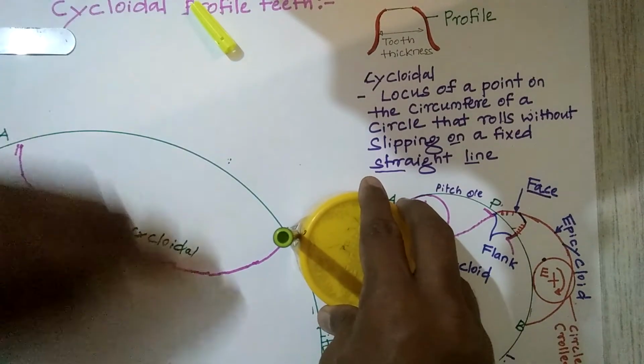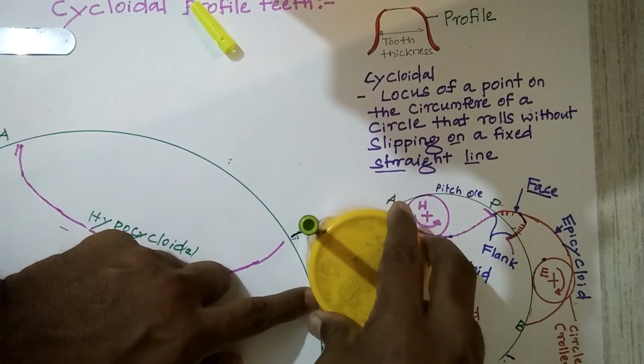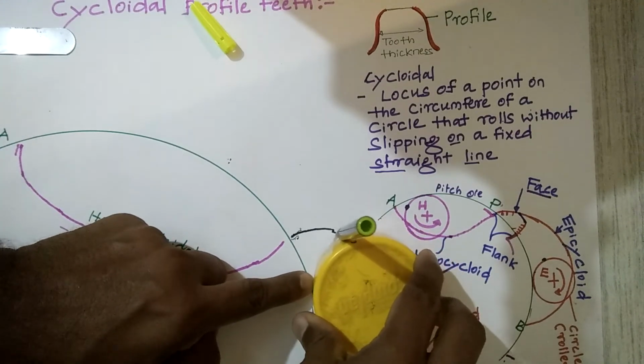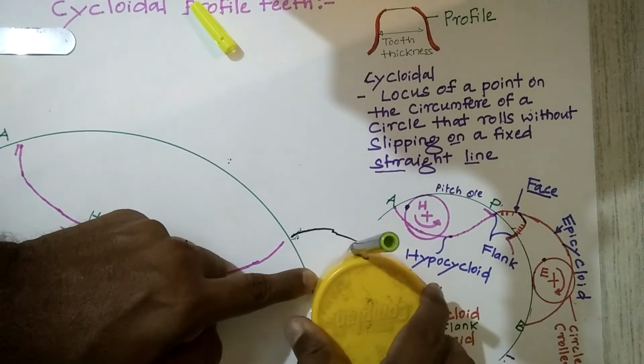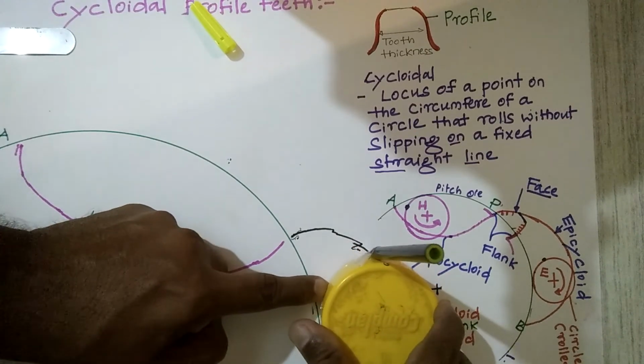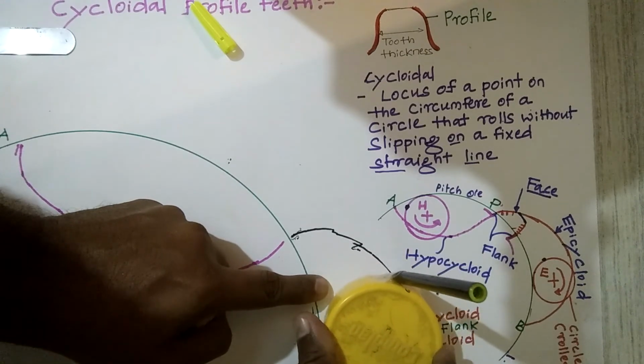It has to move on the another circle. Another circle means the pitch circle only. I hope that you are getting this one. It is not properly coming because I want to look at both sides. Okay, I hope that you got it.